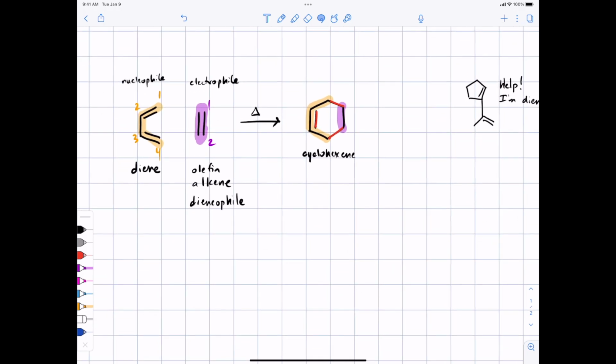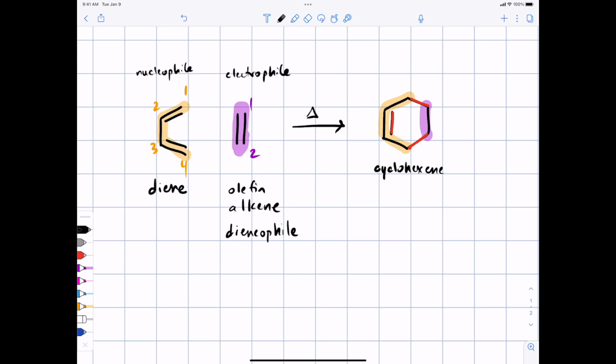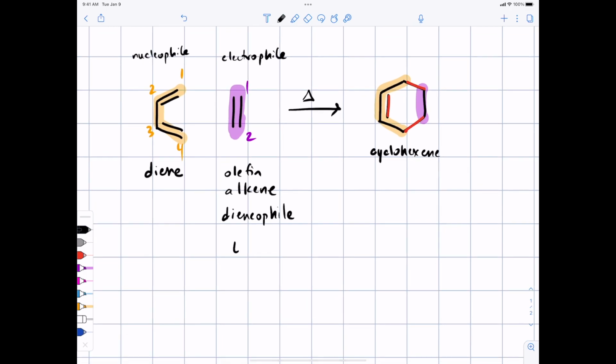Okay, so nucleophile and electrophile, HOMO and LUMO. What is the LUMO of the olefin? It has to do with the pi. You've got two choices, pi antibonding, pi star. Okay, good.